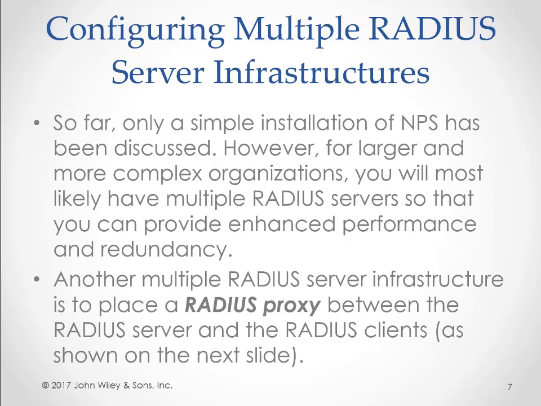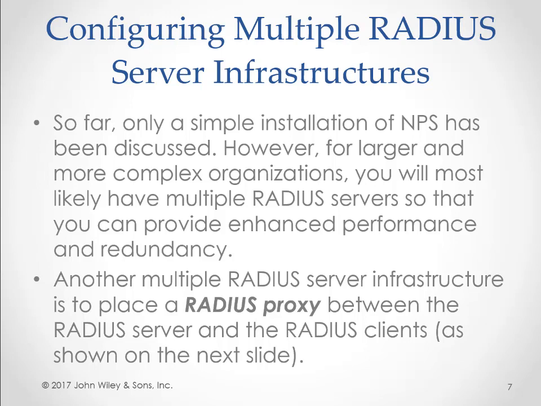So far all we've been talking about is simply installing a RADIUS server and kind of how it works. Well, most organizations are going to have larger implementations of RADIUS. They're going to have multiple RADIUS servers. First off, it gives you redundancy.